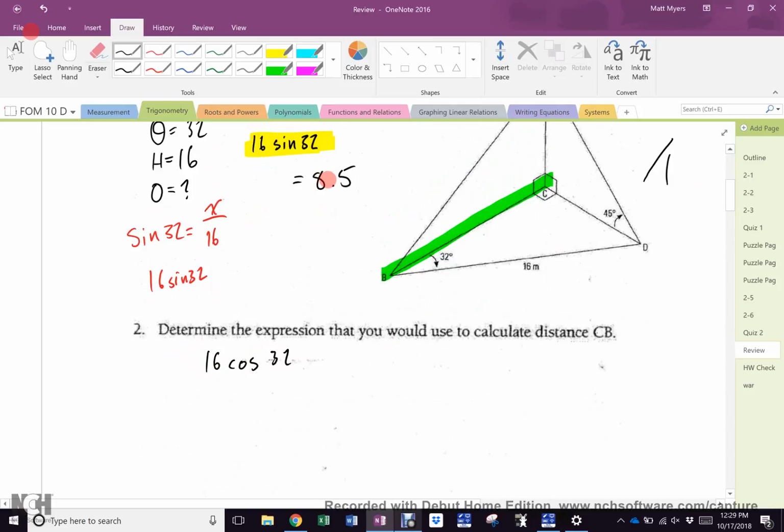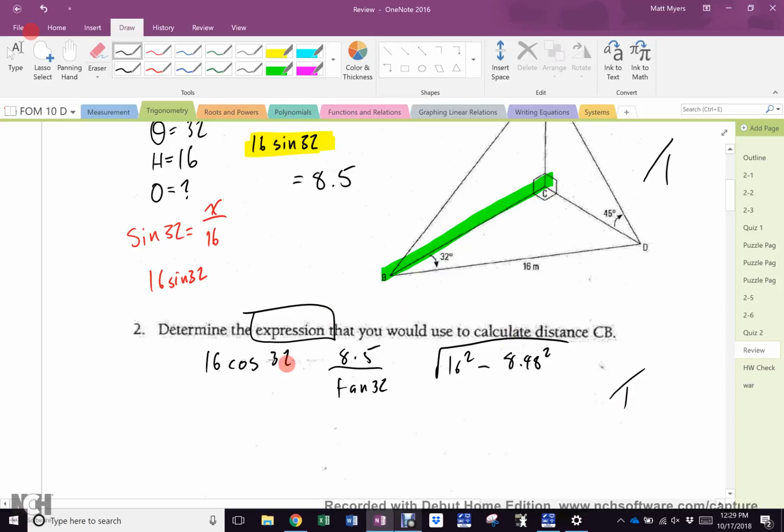If you'd done number 1, you could have used tan. 8.5 divided by tan 32 would get you the right answer. You also could have done 16 squared minus 8.48 squared and square rooted it. The point of the question was to tell me the expression. Show me your work for 1 mark. Any questions? All 3 of those will work.